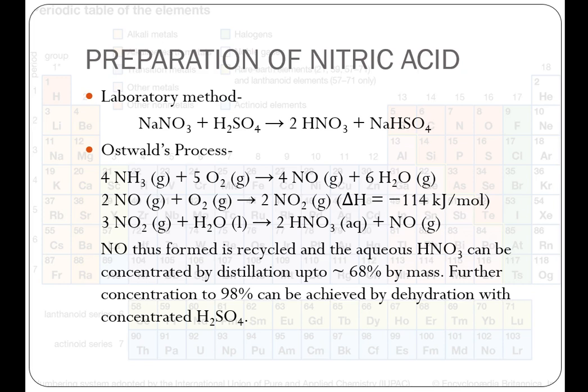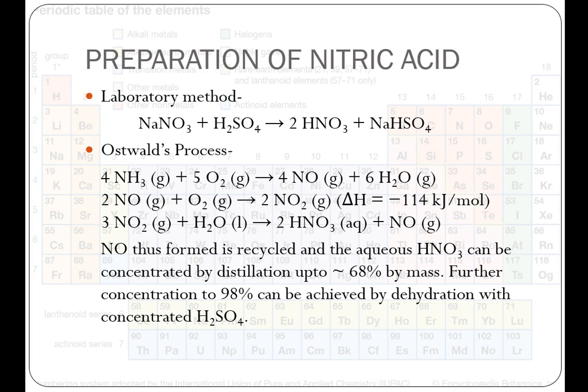Now you can see here in the first equation, ammonia reacts with oxygen in the presence of platinum or rhodium gauze catalyst at 500 Kelvin and 9 bar pressure to form nitric oxide. This nitric oxide then combines with oxygen to form nitrogen dioxide.